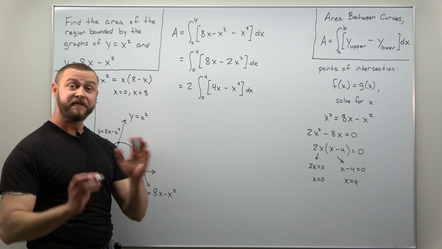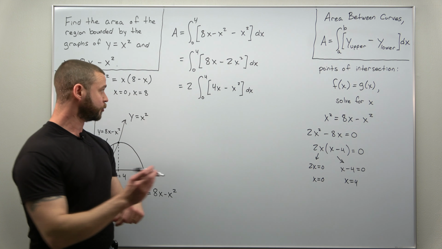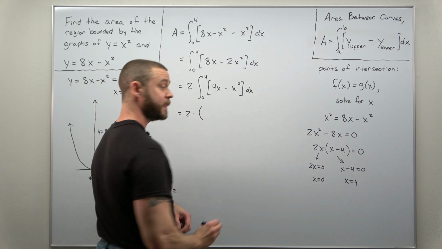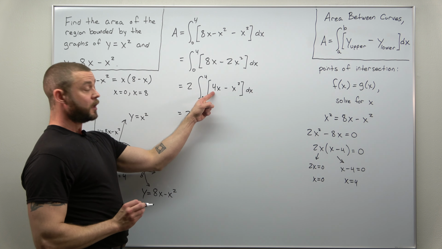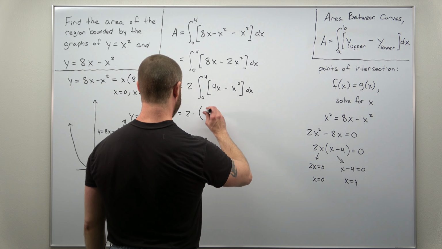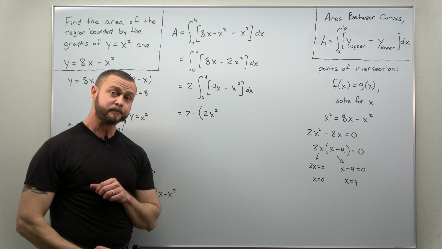All right, here, very easy to find antiderivatives for each term. We're just going to apply the power rule. We'll keep that factor of 2 out front. And if we integrate term by term, 4x should integrate to 2x squared.